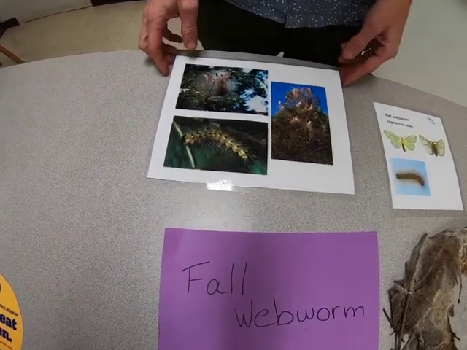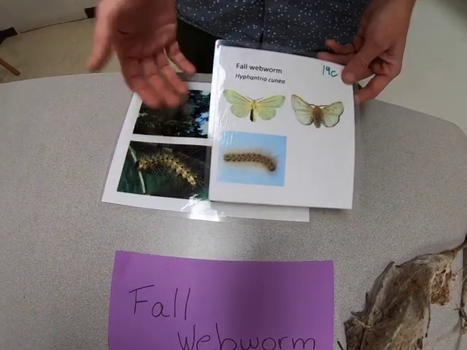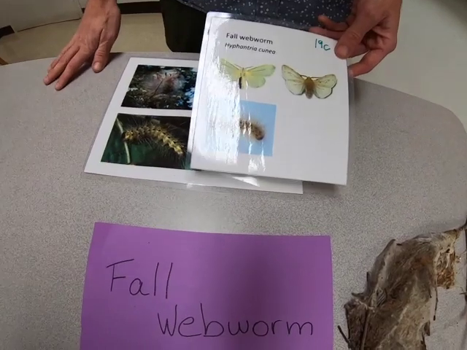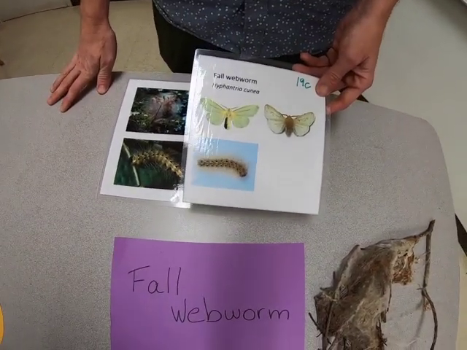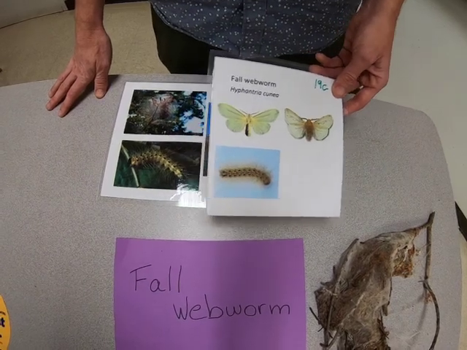And then the moth itself, you have to catch it at the right time. A lot of people don't actually know what they're looking for or notice it, but it has a characteristic adult form with the moth, which you can see there.